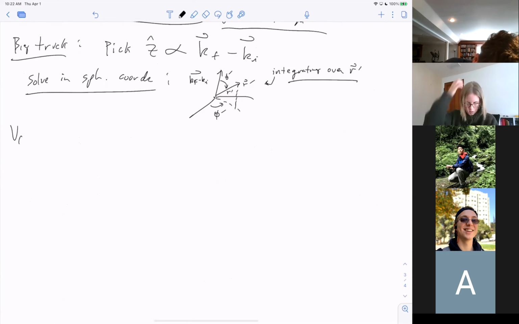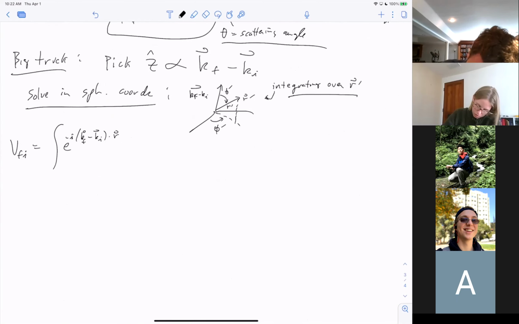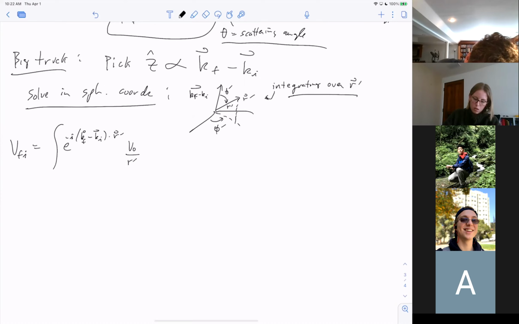So VFI is equal to this integral, e to the minus i kf minus ki dot r, let's call this r prime, times v naught over r prime e to the negative r prime over r.